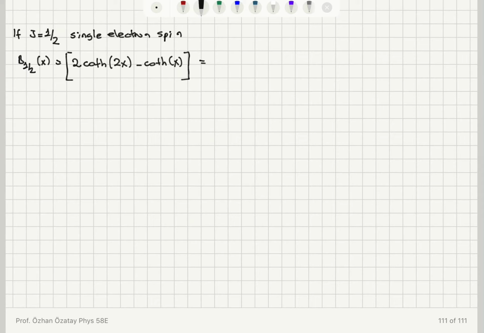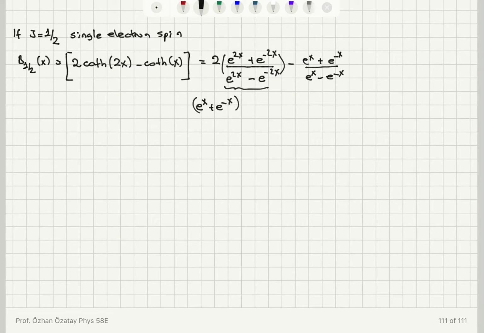So this is going to be 2 times e to the 2x plus e to the minus 2x, cosine hyperbolic, divided by sine hyperbolic, e to the 2x minus e to the minus 2x, and then I have minus e to the x plus e to the minus x divided by e to the x minus e to the minus x. And I see that this is in the form e to the x plus e to the minus x multiplied with e to the x minus e to the minus x.